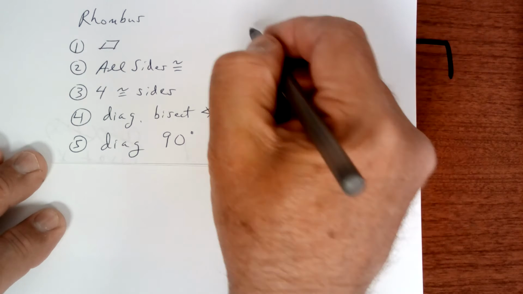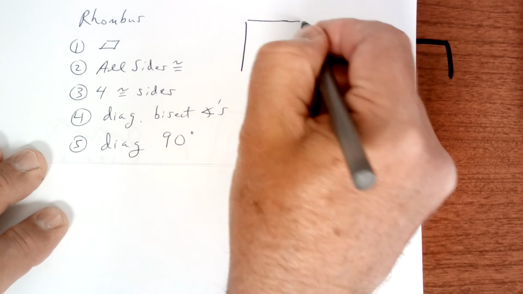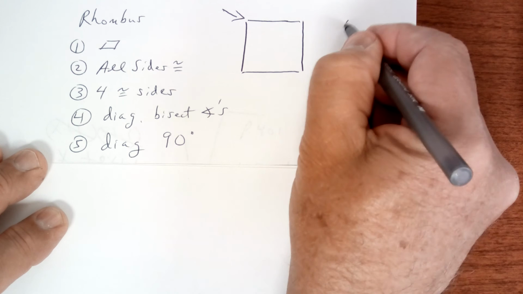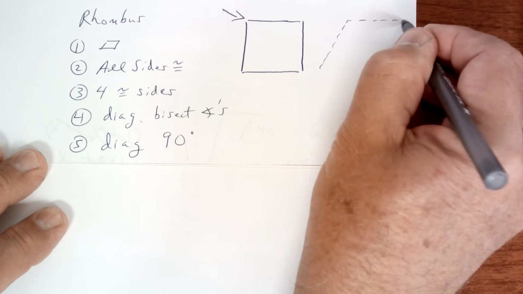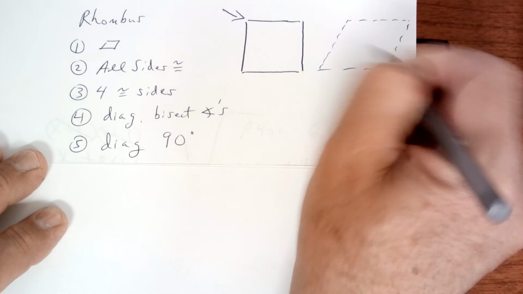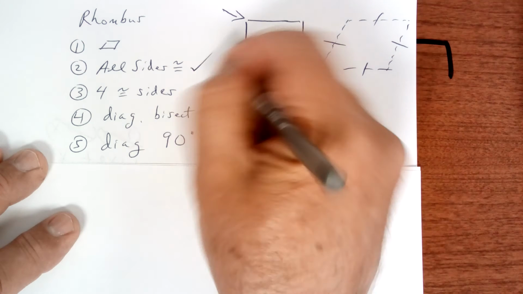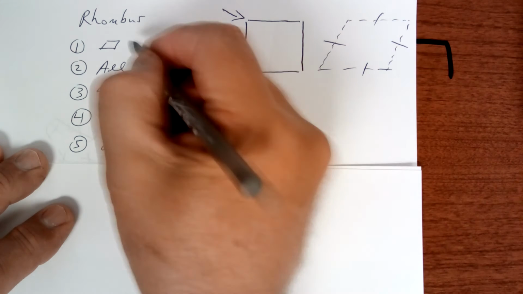On a rhombus, now understand what a rhombus is. A rhombus used to be a square, and then somebody leaned on it and made it into a rhombus. So it has 4 equal sides. All the sides are equal. It's got all the properties of a parallelogram.